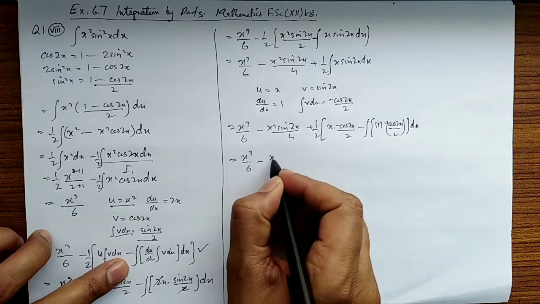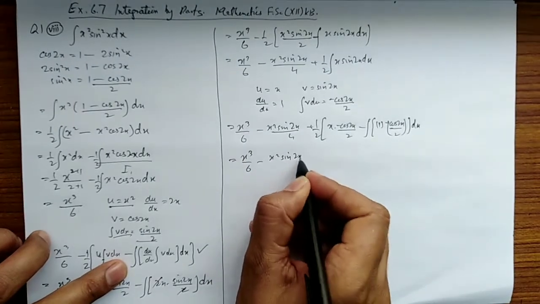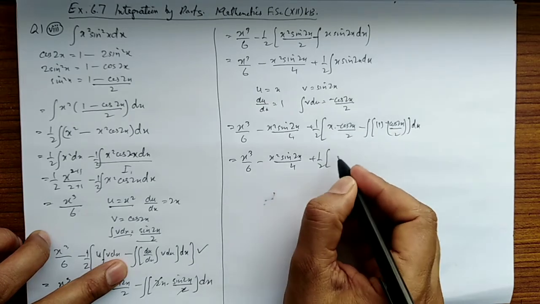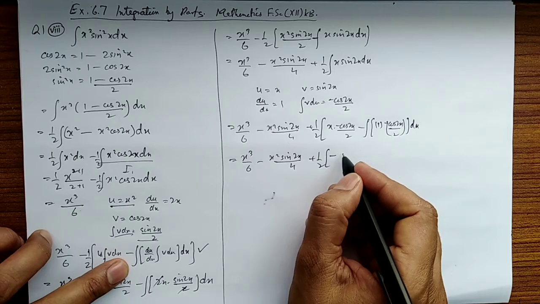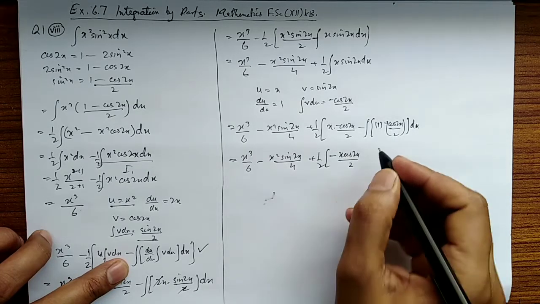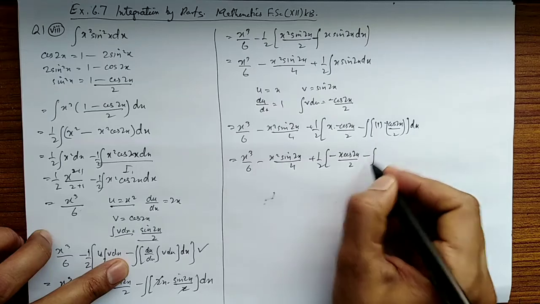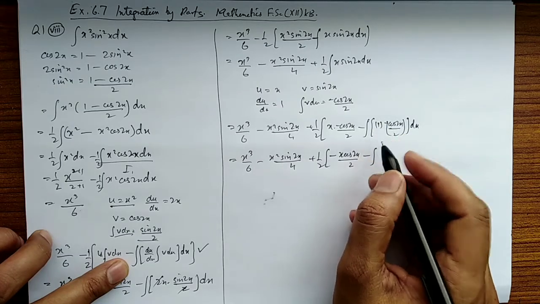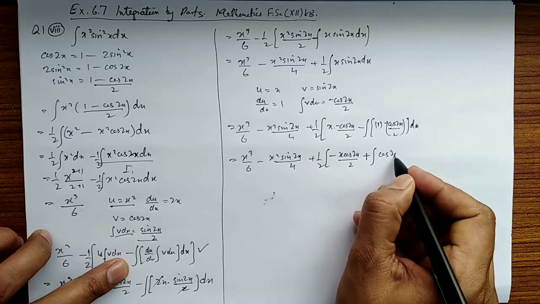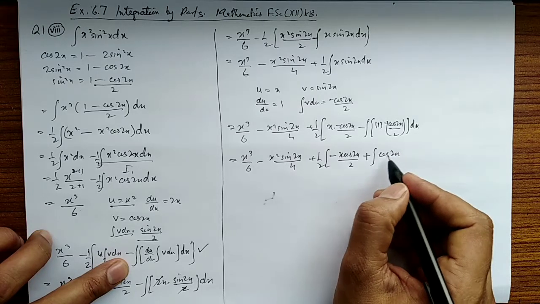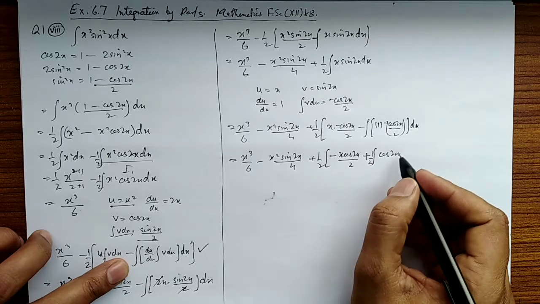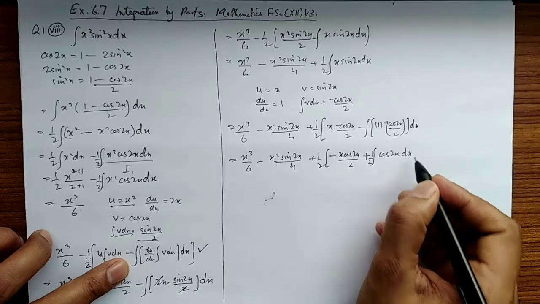x cube upon 6 minus x square sine 2x upon 4, that is minus x cos 2x upon 2 minus integral. Take this minus sign outside, which makes this plus, and integral of cos 2x, take this 1 upon 2 also outside, dx.